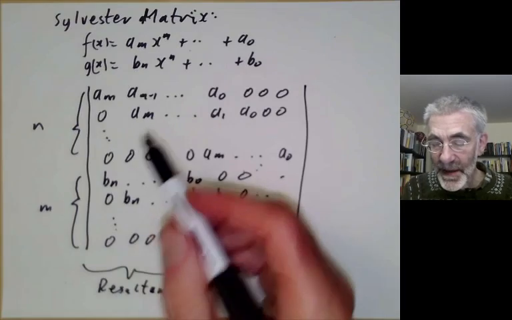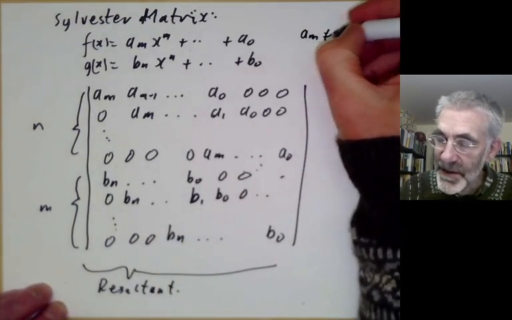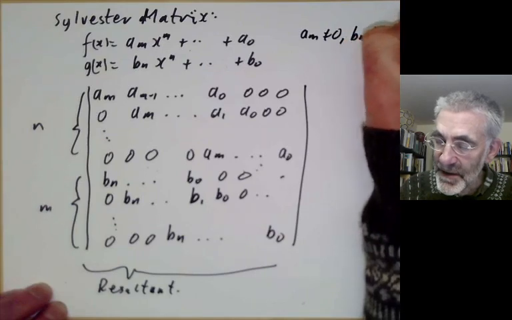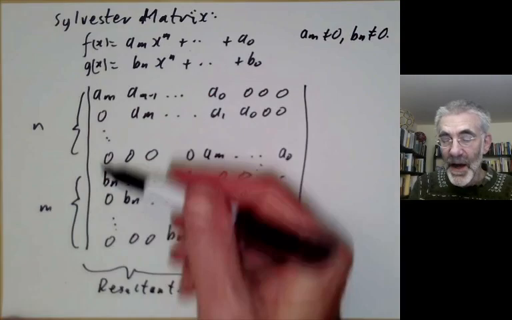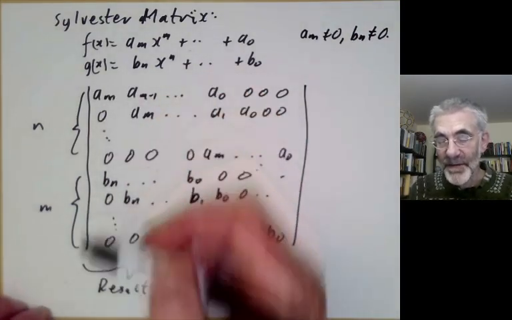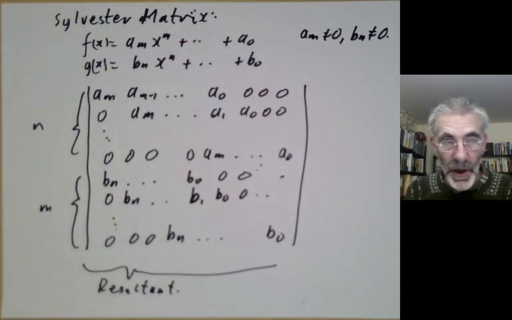Actually, we've got to be a little bit careful because we're tacitly assuming that a_m is non-zero and b_n is non-zero. If the leading coefficients of f and g are 0, then this determinant automatically vanishes even if f and g have no root in common.